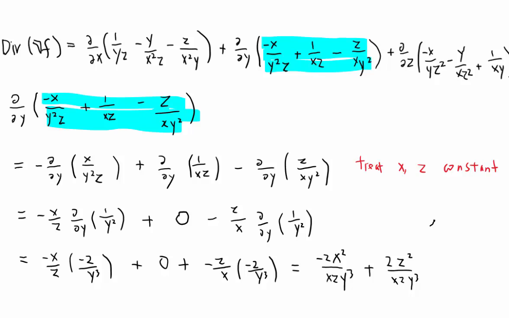I made a mistake here: there should be no negative sign. So the answer is equal to 2x squared plus 2z squared over xzy cubed.